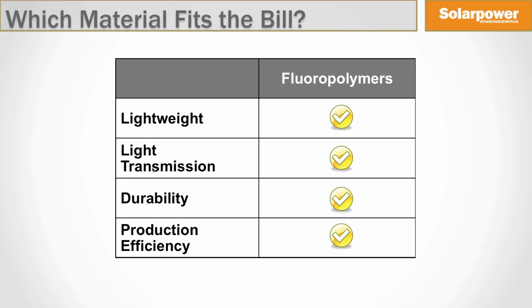Thus, what material fits the bill for the three key drivers that I mentioned in the second slide of this talk: performance, durability, and cost efficiency. We feel that fluoropolymers fit the bill for most of these requirements. They are lightweight, and they have higher transmission than conventionally used materials like glass.